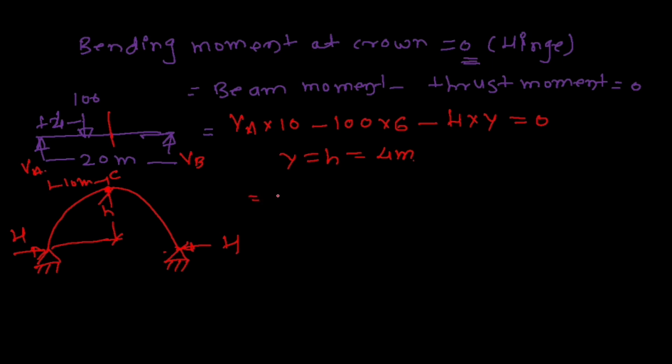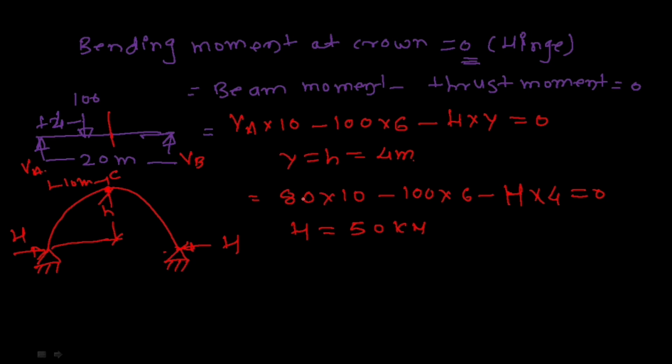You know the value of VA is 80. So 80 into 10 minus 100 into 6 minus H into 4 is equal to 0. So we got H is equal to 50 kN.